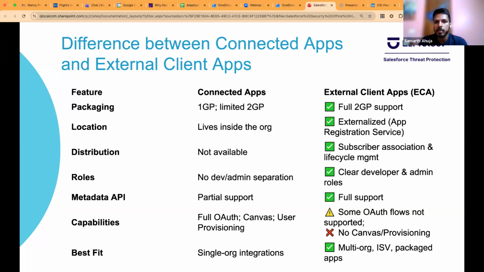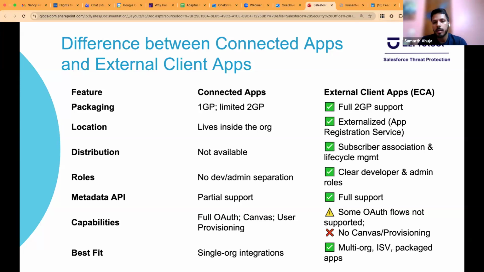Another difference is that external client apps do not support all the OAuth flows. All the weak security flows, like username-password and others, have been deprecated, and you don't have an option to use them in external client apps. Packaging wise, if you are an ISV developer, then external client apps are super useful for you. Metadata is segregated very well.